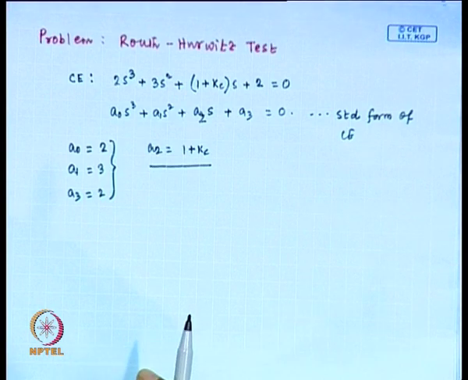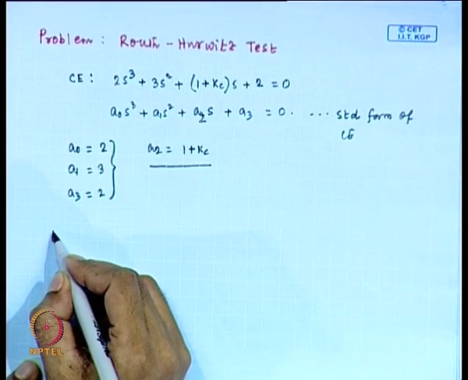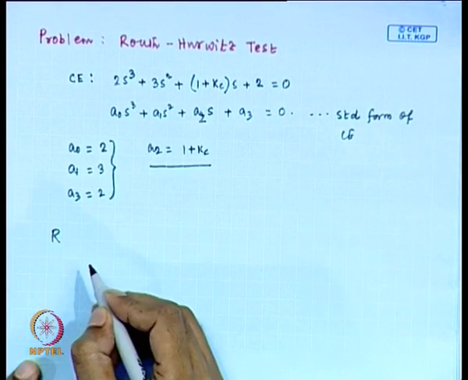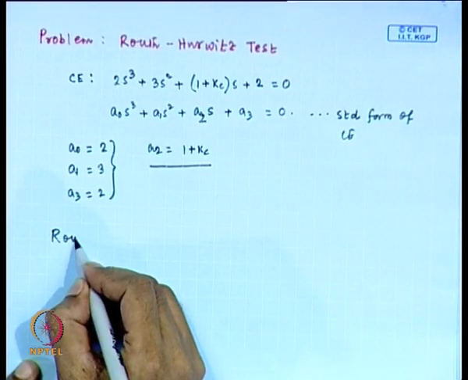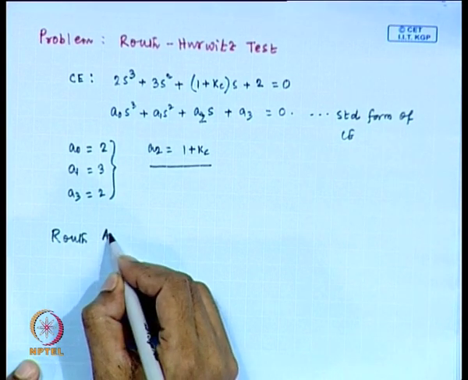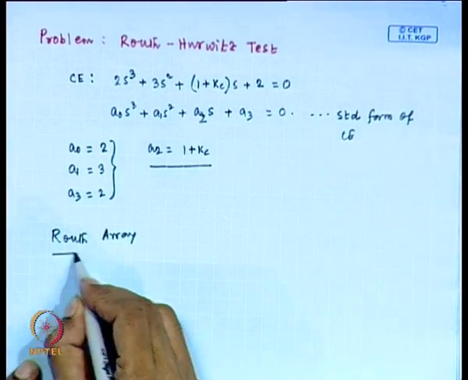Then we cannot say whether the system is stable or unstable. If all the coefficients are positive, we cannot say whether the system is stable or unstable. So, to make any conclusion, we need to go for further analysis, and in the next step we need to constitute the Routh array.